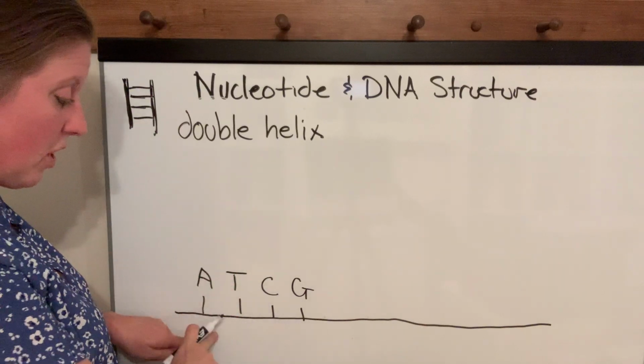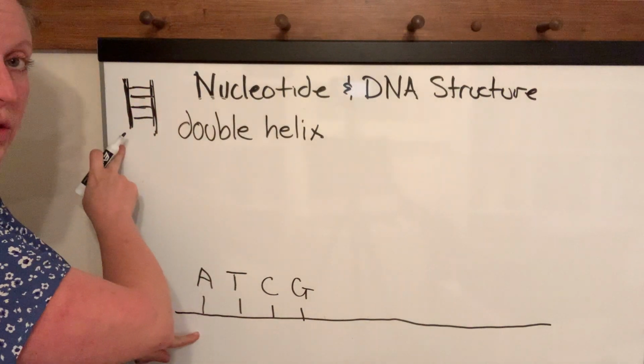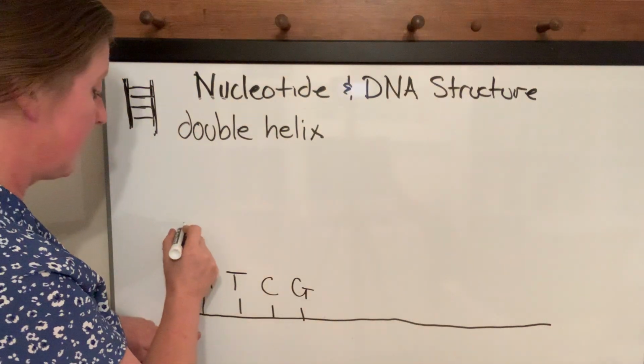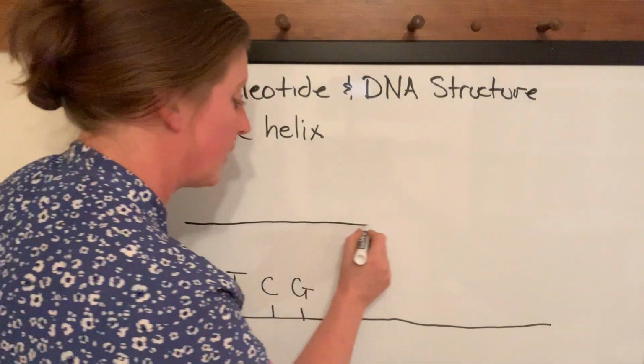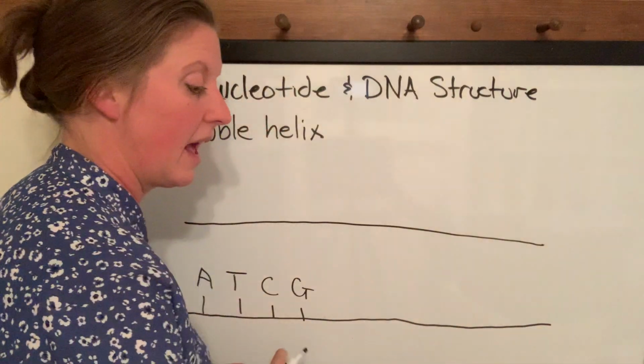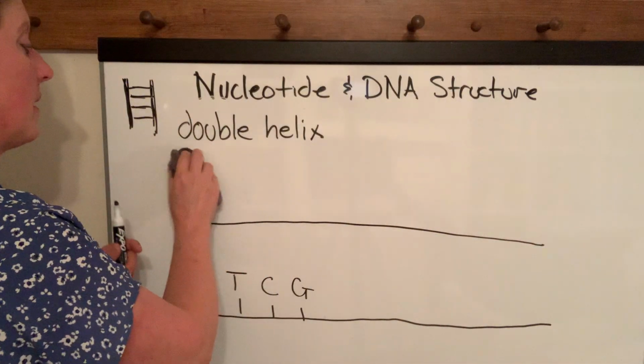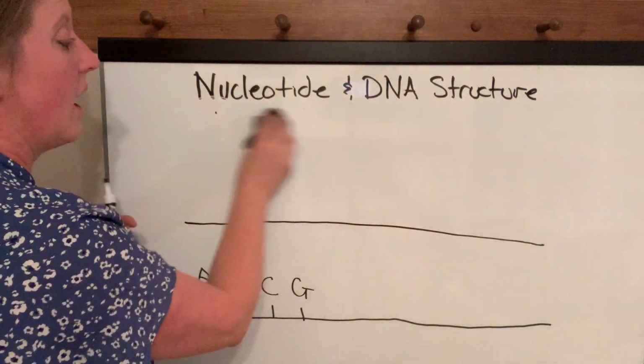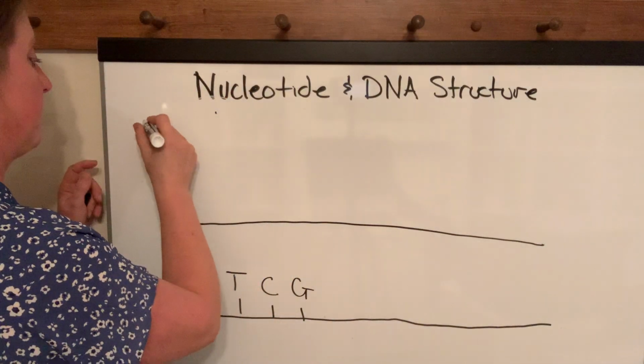Now, I've drawn one side of the molecule, or one side of the ladder, but in order to figure out what the other side of the ladder looks like, we need to know something about what's called complementary base pairing.